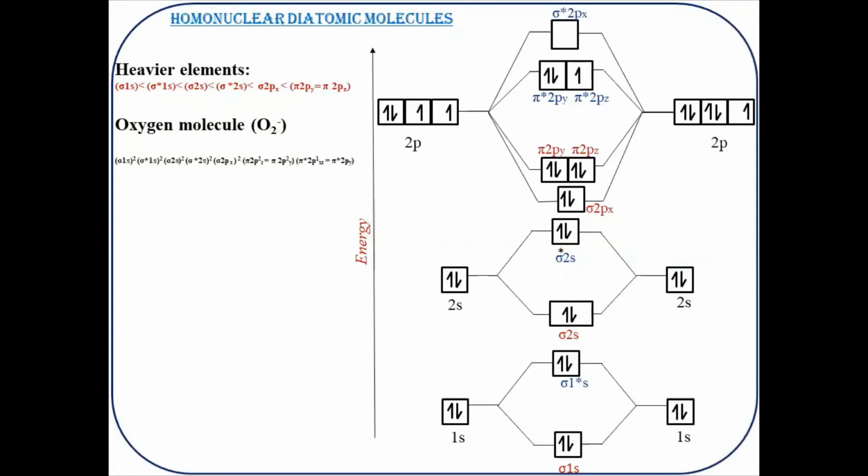The effect of the bonding pi 2py2 and anti-bonding pi 2py2 orbitals cancel each other, and the completely filled bonding pi 2pz is half cancelled over here. Why? Because it is opposed by the half-filled anti-bonding orbital. This gives rise to a half pi bond.